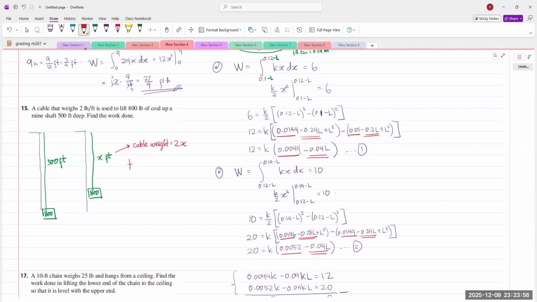The total weight is 2X plus 800. Now the amount of work to be done will be, notice that your X starts from 500 and becomes 0, or if we go backward, the integral from 0 to 500 of 2X plus 800 dx.